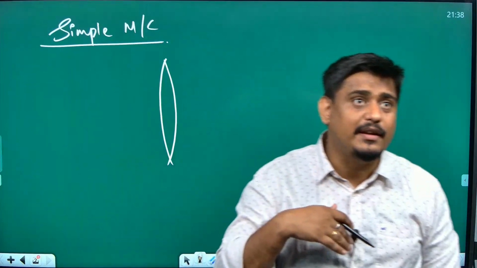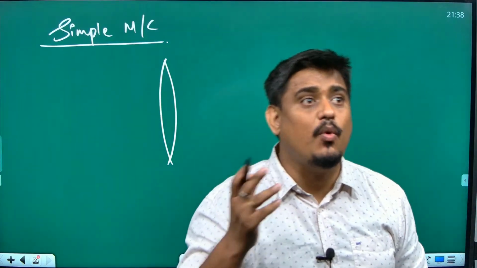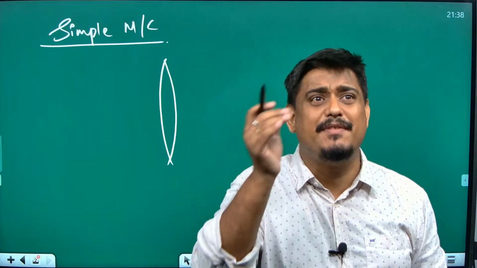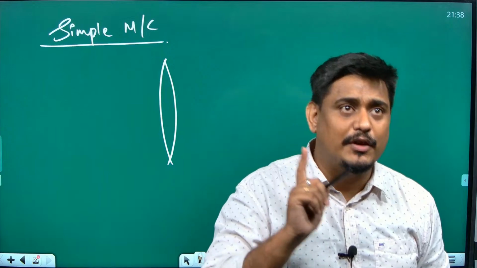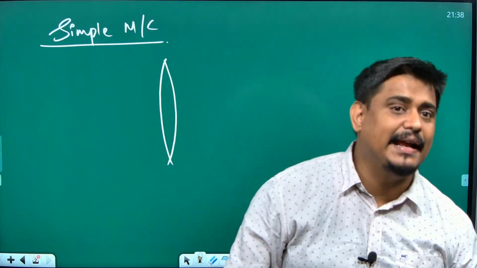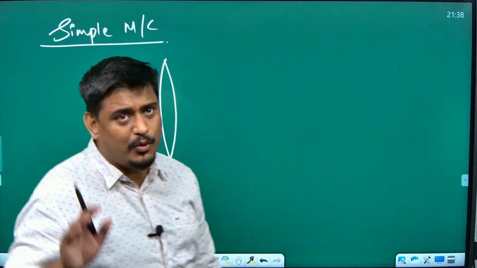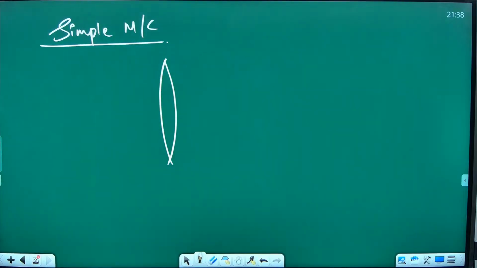So we prefer the object to be kept between O and F, because then we get a virtual, erect and enlarged image. I hope everybody knows this.